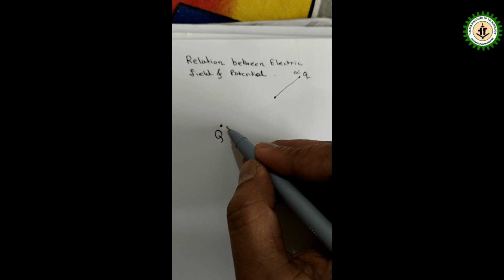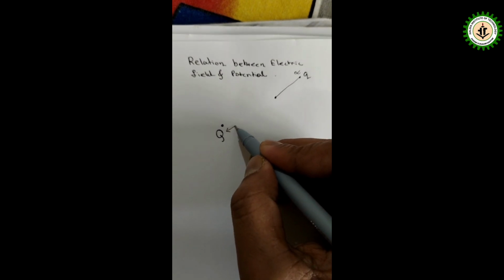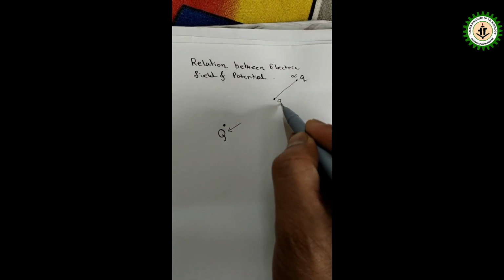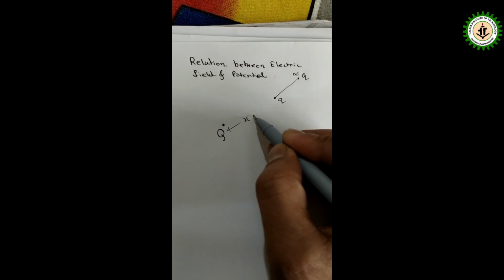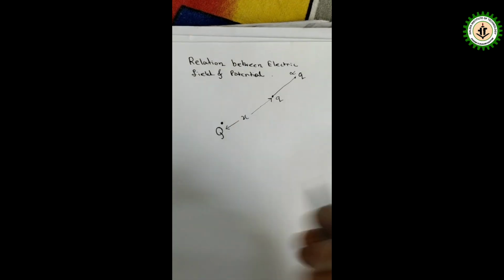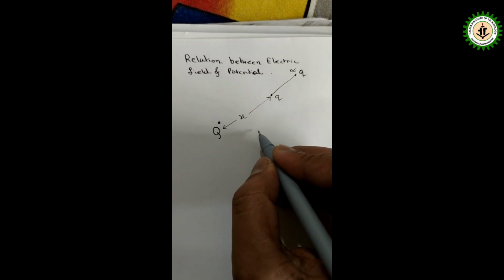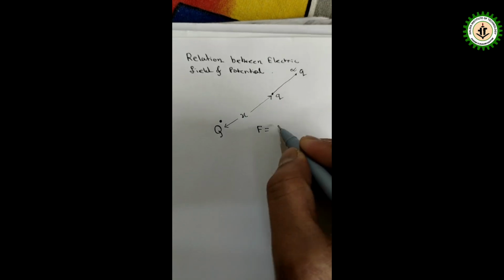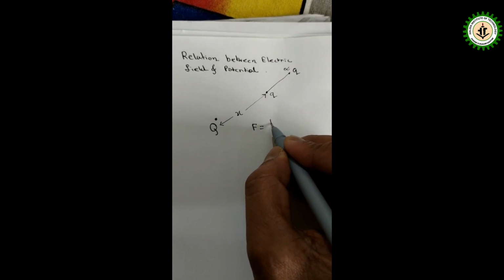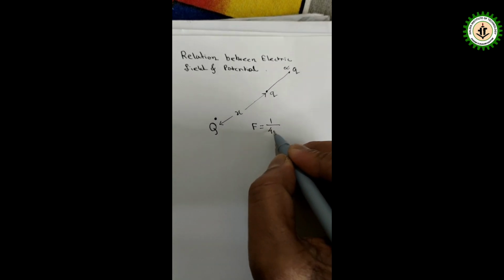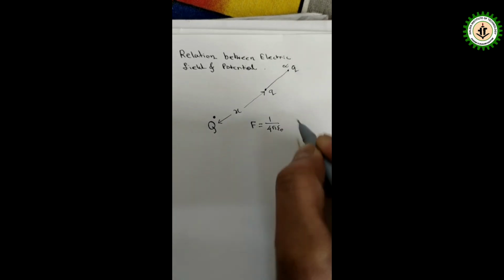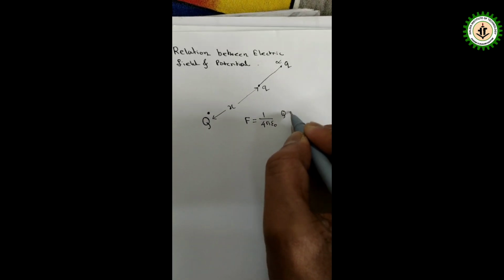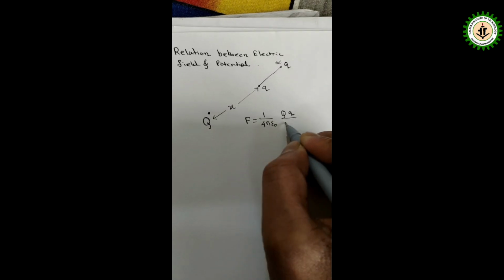When the distance between plus Q and this charge q is x, the force acting between these two charged particles, according to Coulomb's law, is F equals 1 by 4 pi epsilon naught, capital Q small q by x square.